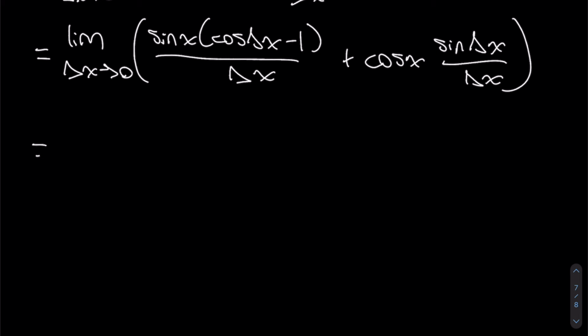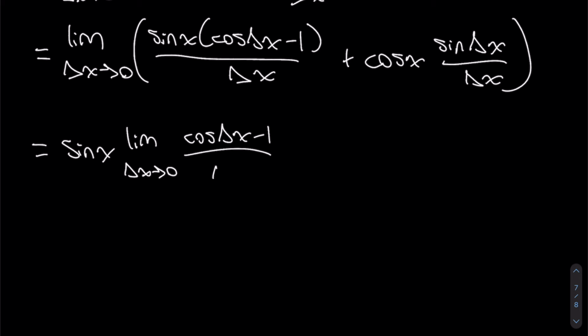And now I can bring that limit inside. So I'll bring the limit into each term where delta x shows up. So it shows up there, and then I'm going to have plus cos x. Then I'm going to have the limit again there.